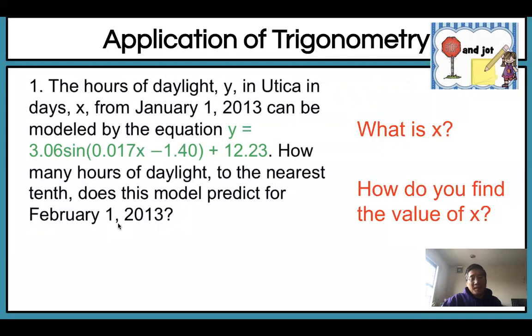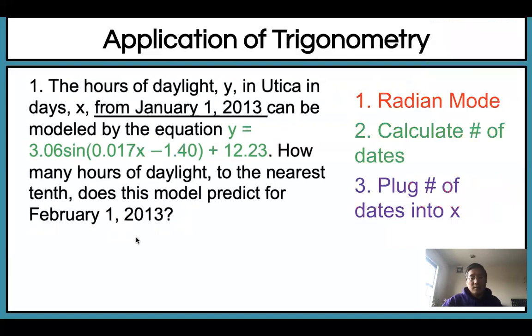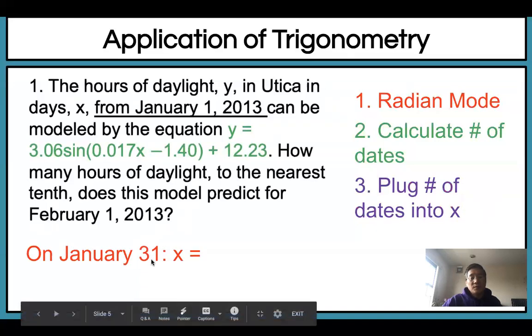We need to calculate. If it is confusing, first think about only January. January, how many days do we have? 31 days, right? So January 31st, what is x for January 31st?